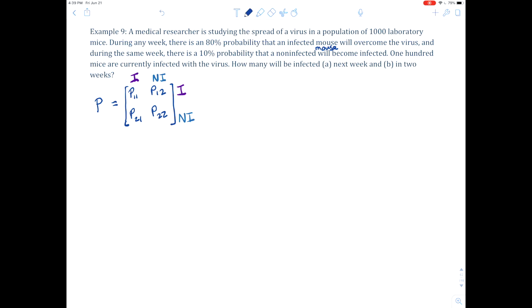We need to figure out what we start with, like our initial matrix. There's different orders you can go in this. Let's continue on with P and get the transition matrix and go from there. Okay, so what information have we been given?